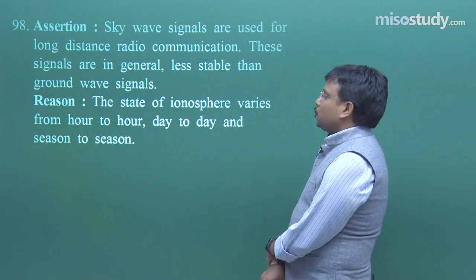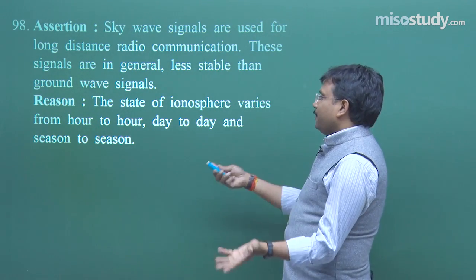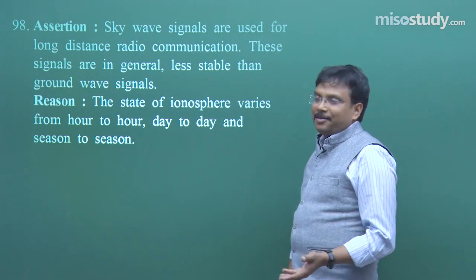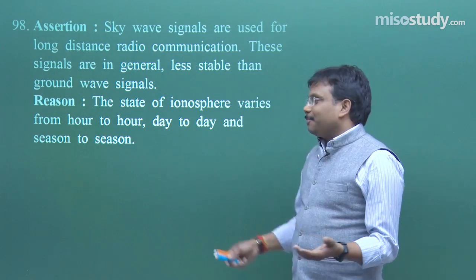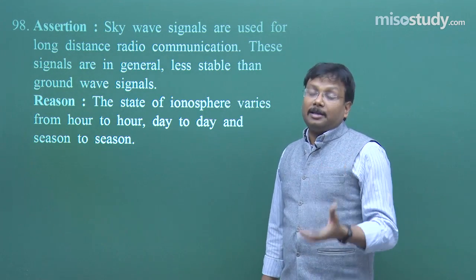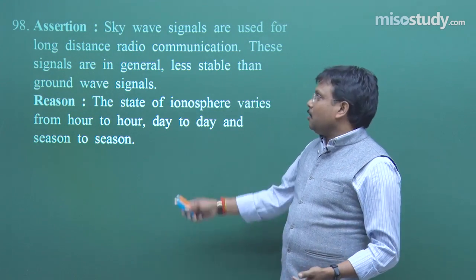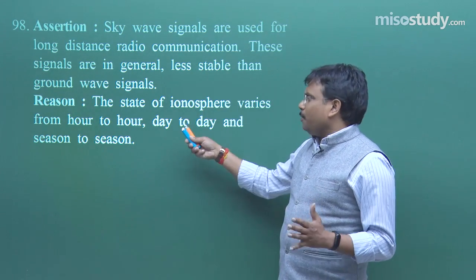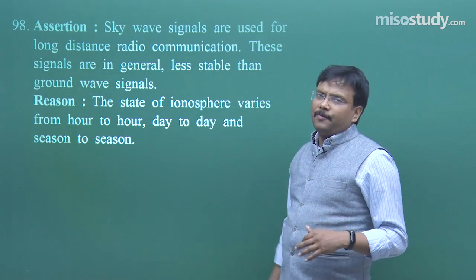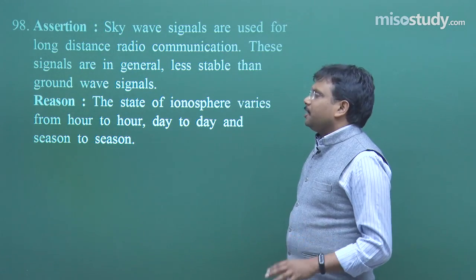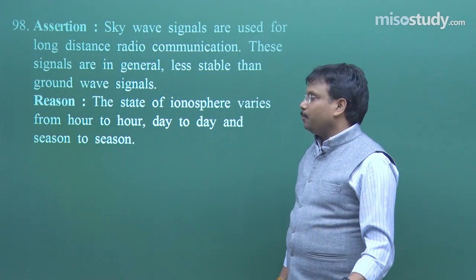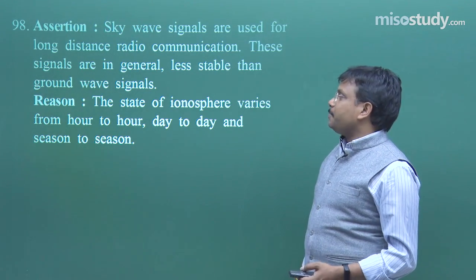So, this statement is true. State of ionosphere varies from hour to hour, day to day and season to season. In the morning something else, as the sunlight starts coming out it is different. So, this is true, but it is not explaining it, fine. So, I think the correct option is B, both statements are true, and this is directly picked from your chapter.